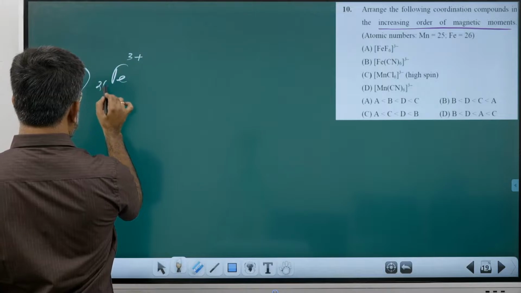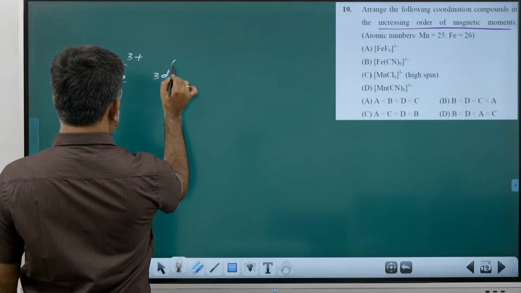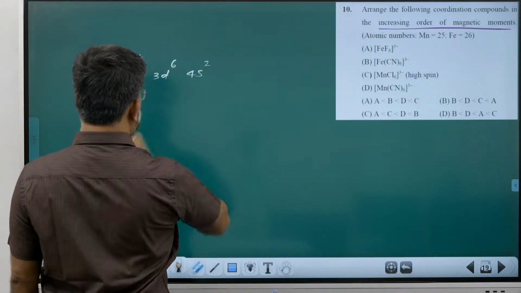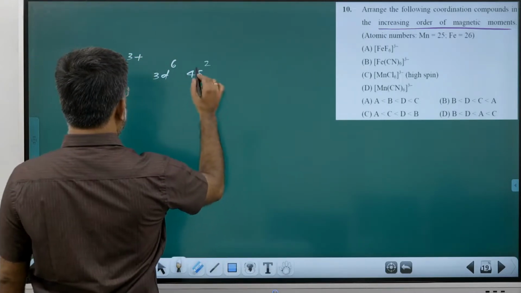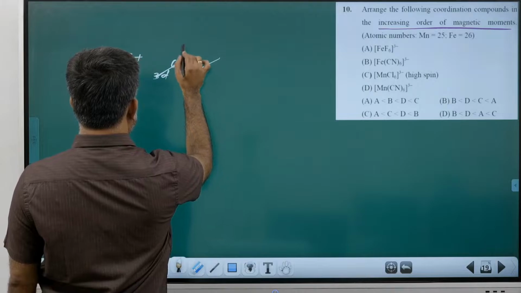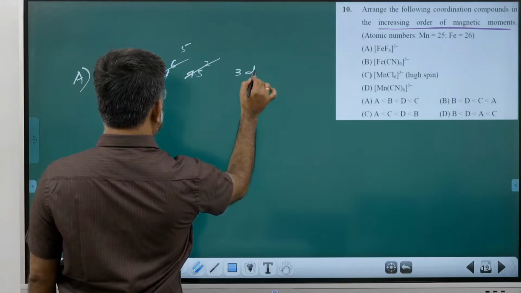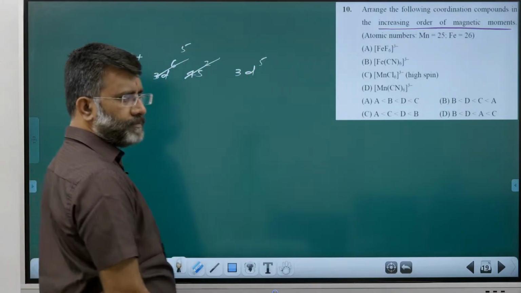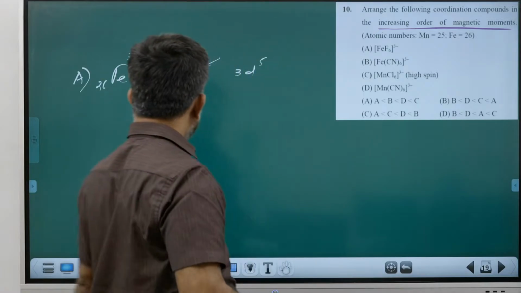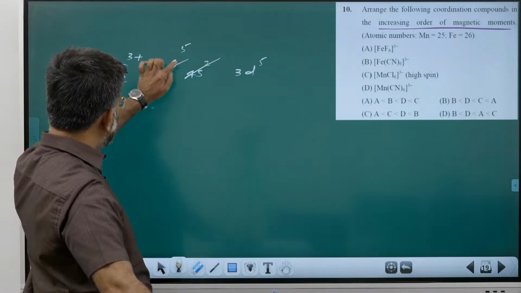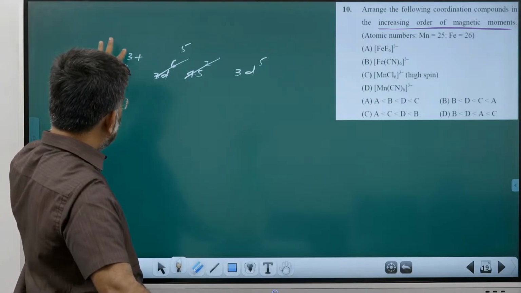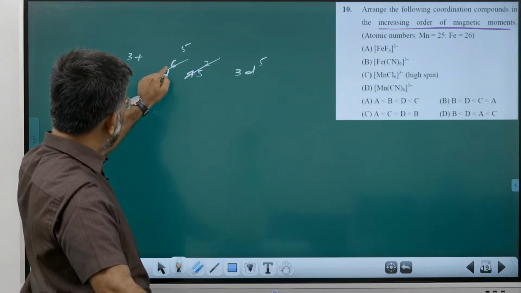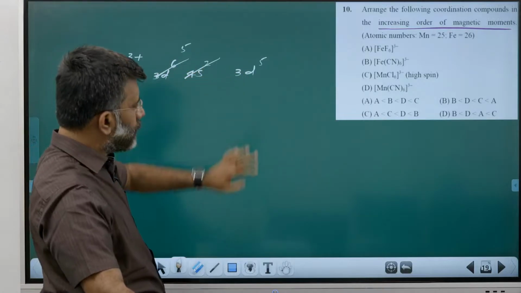Iron, atomic number 26, has 3d6 4s2 as the configuration of the neutral atom. Now 3 electrons gone means you have a 3d5 system. For Fe3+, 2 electrons from 4s and 1 electron from 3d are gone, so you get 3d5.